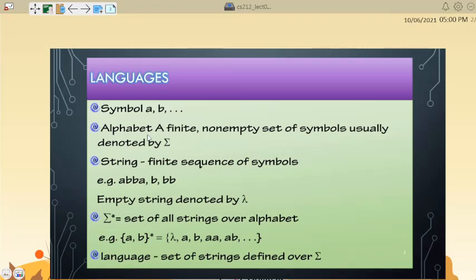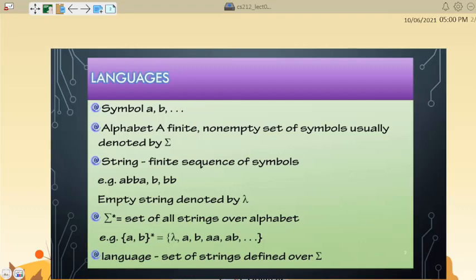character like A, B, C, 1, 2, 3, 4, 5, times, slash, etc. And the alphabet is a finite, non-empty set of symbols. We denote it by sigma.